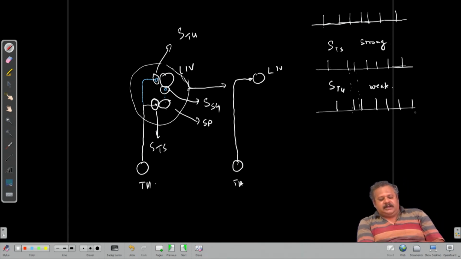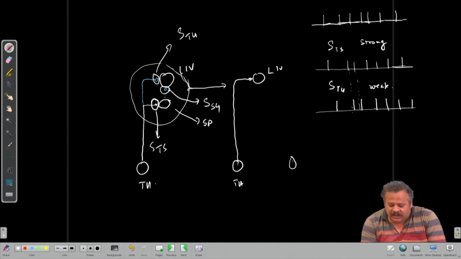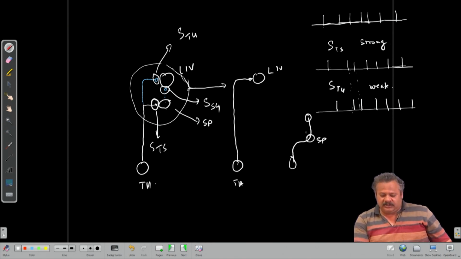Essentially, the thalamic action potential is causing the layer 4 neuron to fire action potentials via the subplate.